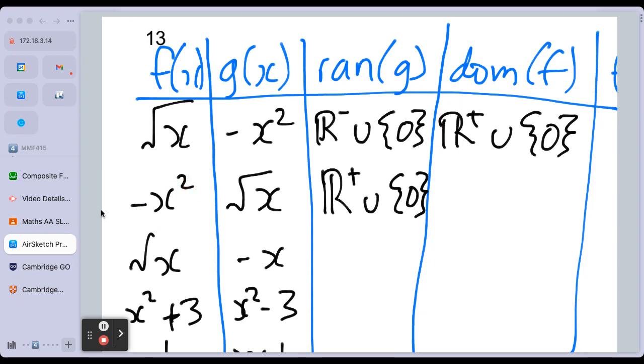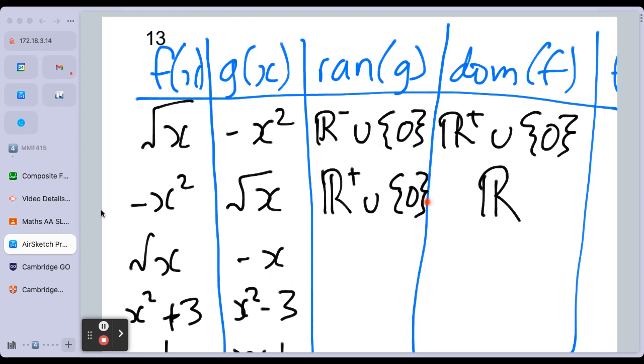I can square 0 and make it negative. Negative 0 is just 0, but it's still doable. 2 squared is 4. Make it negative, it's negative 4. Negative 2 squared is 4, but then you make it negative, so it's negative 4. So although the output is all negative, the input is any real number you want. And so the domain of F is equal to the set of real numbers.